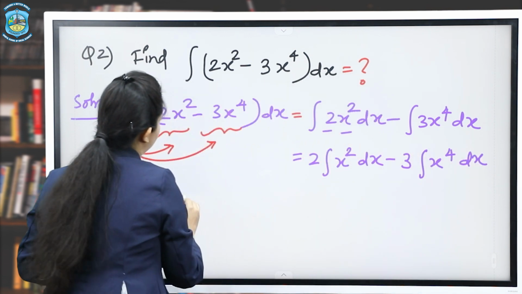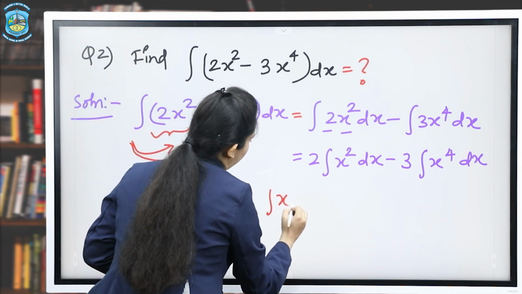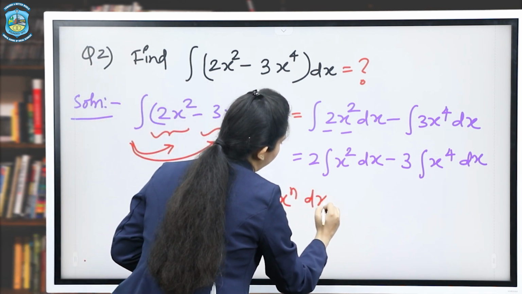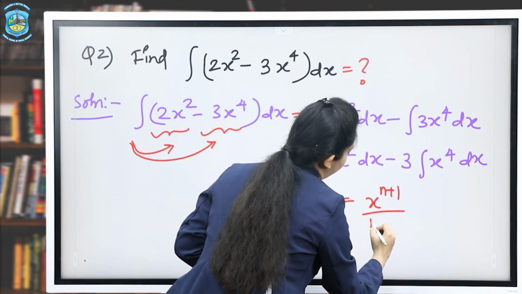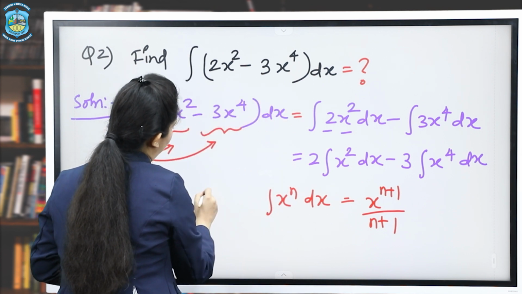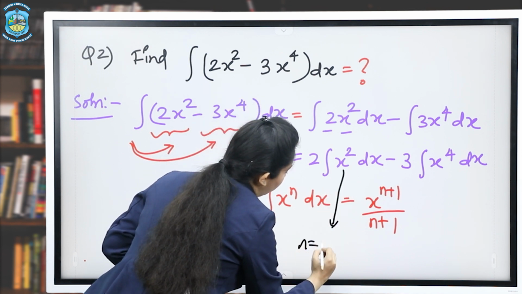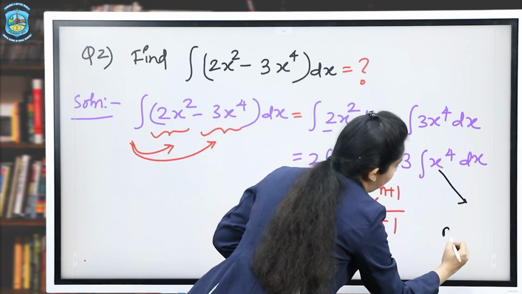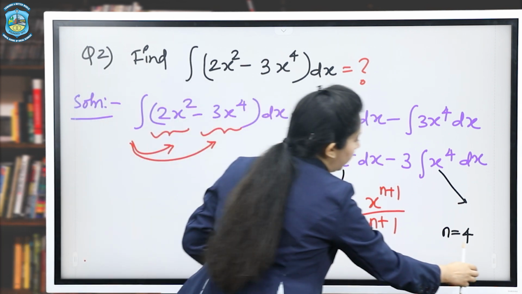Now here we will use the power rule, that is, integration of x raised to the power n dx is equal to x raised to the power n plus 1 divided by n plus 1. For the very first term, n is 2, and for the second term the value of n is 4. So we will use the same formula for integrating.